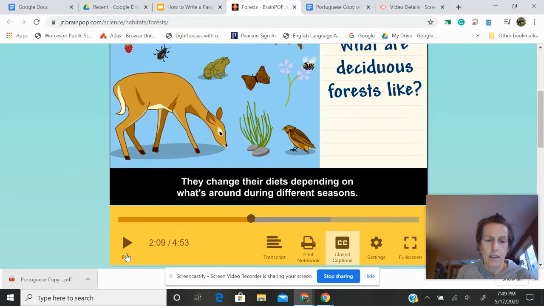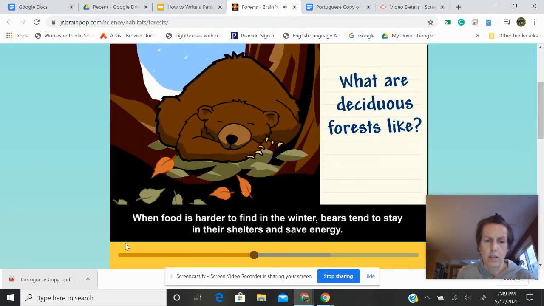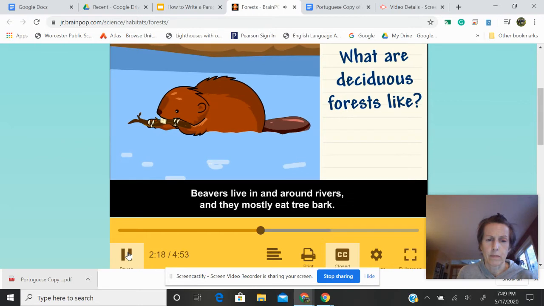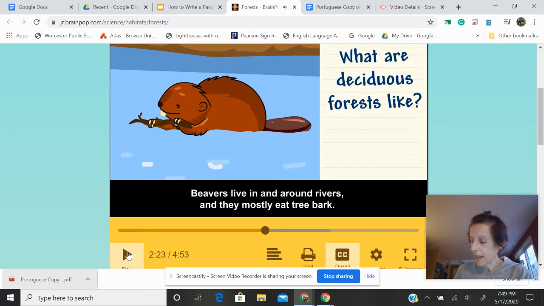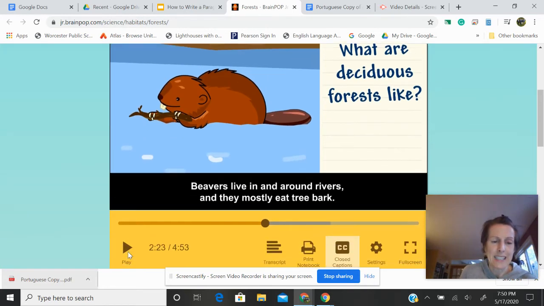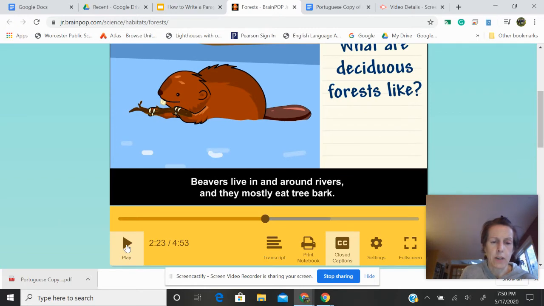Okay, I'm going to stop there because now we're talking about beavers. So I'm going to write down beavers and tree bark, and I'm going to keep going to see if there's any more information about the beavers.